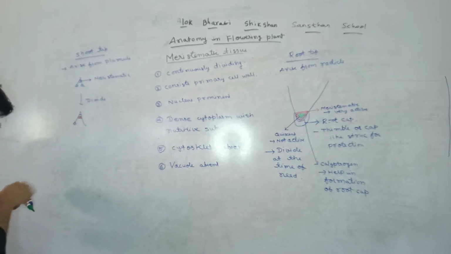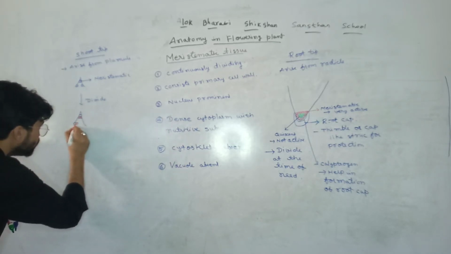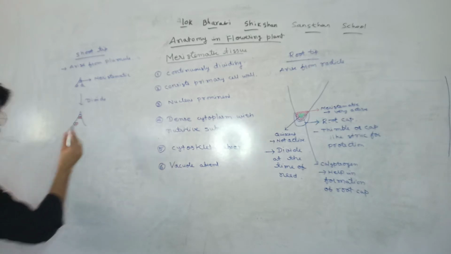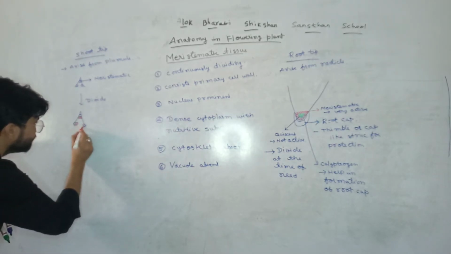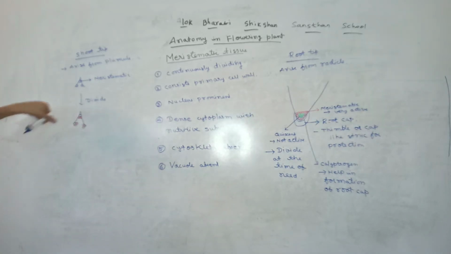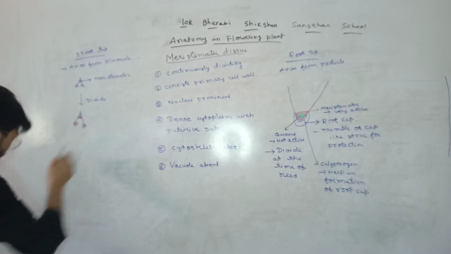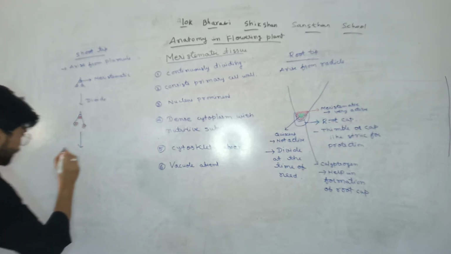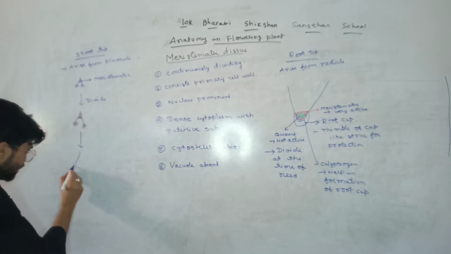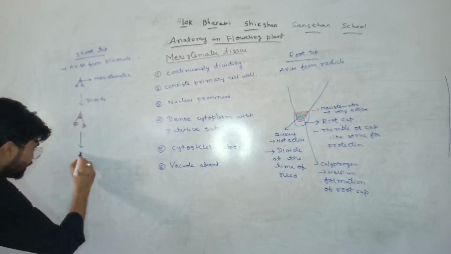So here I am making some more tissue. You can understand the things. In this way, more meristematic tissue is formed. Now we are coming to the final diagram of this shoot tip. So you will see that this is the structure of the shoot tip.